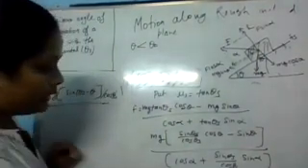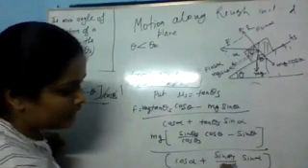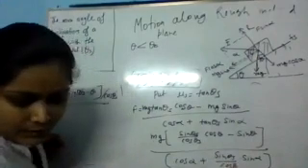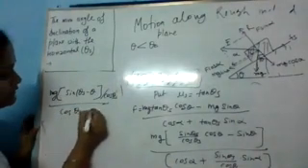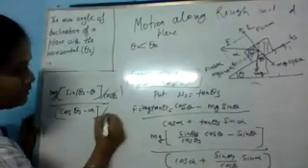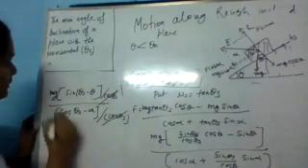Now simply in the denominator, cos alpha cos theta s plus sin theta s sin alpha. This will be the formula of cos theta s minus alpha, and here the denominator is also cos theta s. So this denominator will be cancelled.